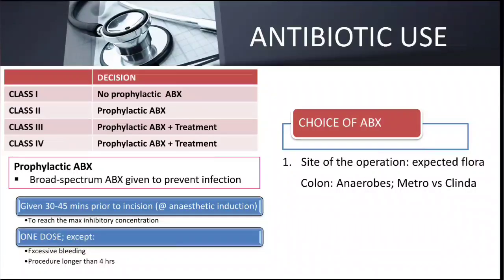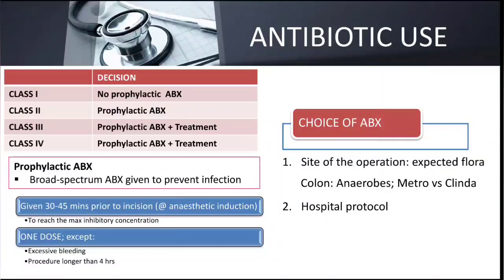So you have to think of metronidazole and clindamycin for the anaerobes. There is this rule of thumb: clindamycin is for anaerobes above the diaphragm, and metronidazole is for anaerobes below the diaphragm. It's just a rule of thumb, right?